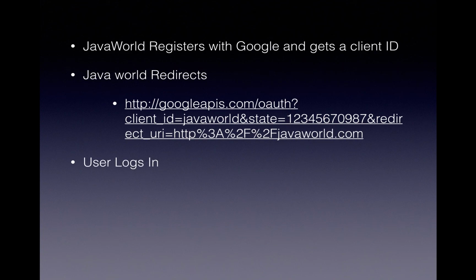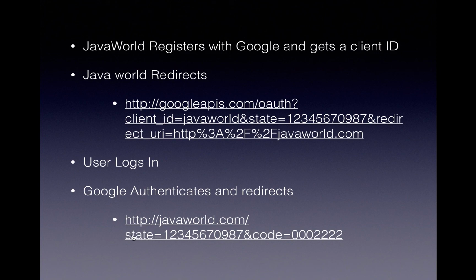The next step, the user will enter the login details on this Google page. Google authenticates him and it will redirect him back using this URL, along with the state which javaworld.com has forwarded as one of the query parameters, and also a unique code which Google generates.